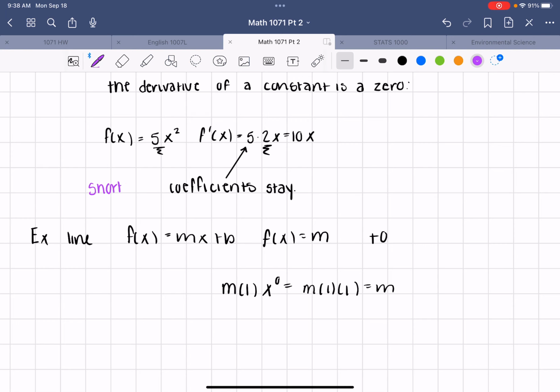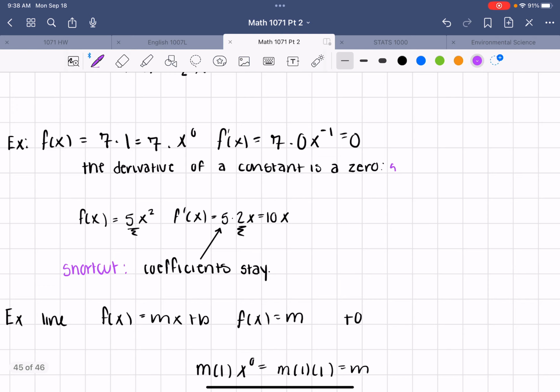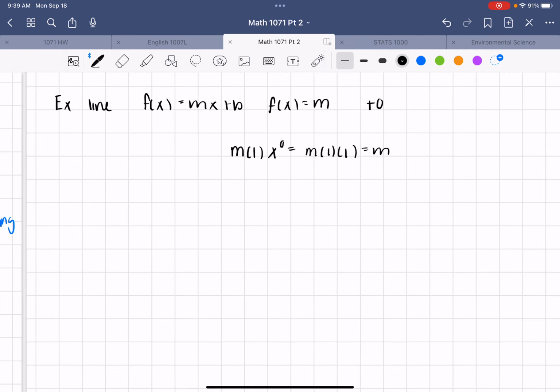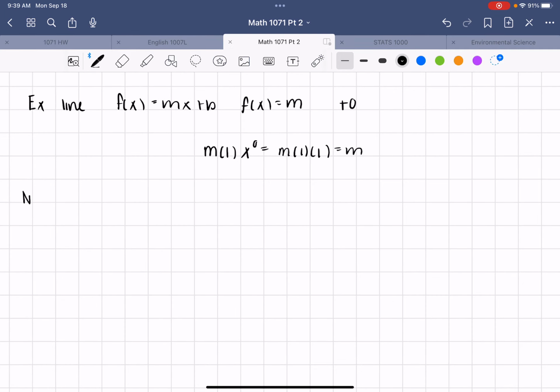And what this means now is you can find the derivative of any polynomial. You don't have to do the limit stuff. Now, you know the derivative of any polynomial.